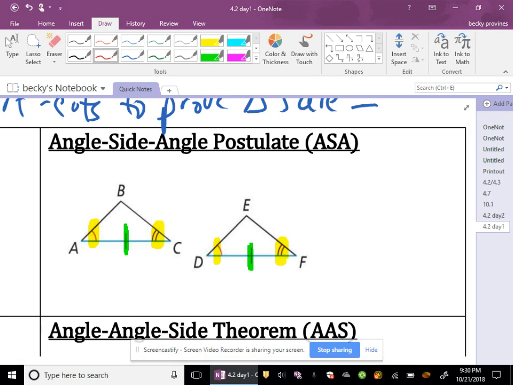So I have angle, side, and an angle. So again, this is just another way to prove these triangles are congruent. Now, we don't know anything about angle B or side AB or side BC, and that's okay because it's going to be congruent no matter what.